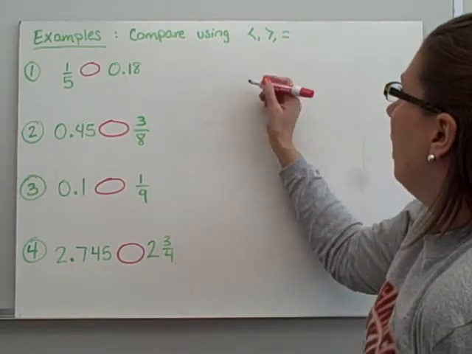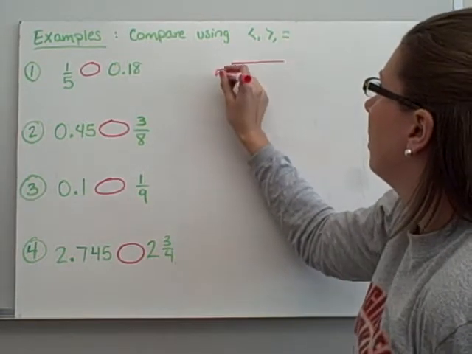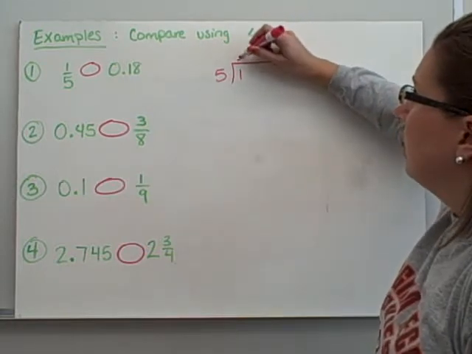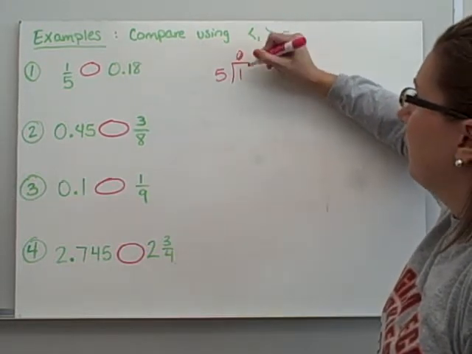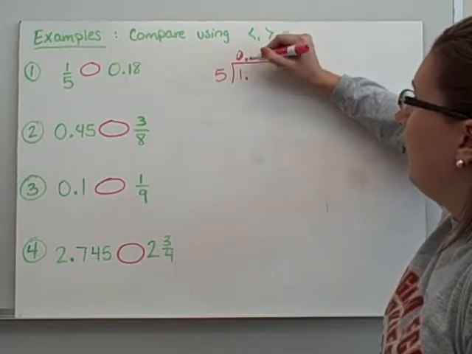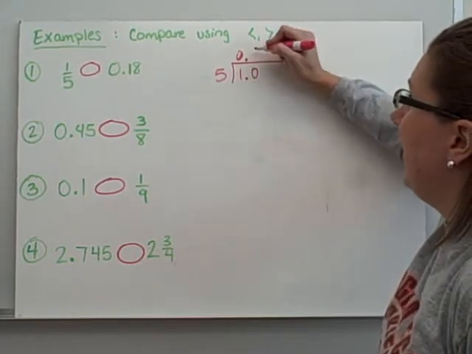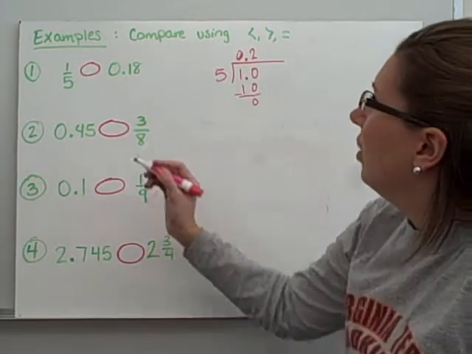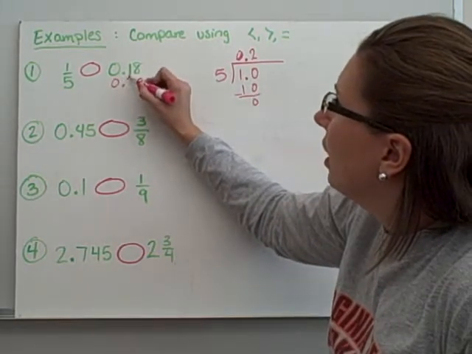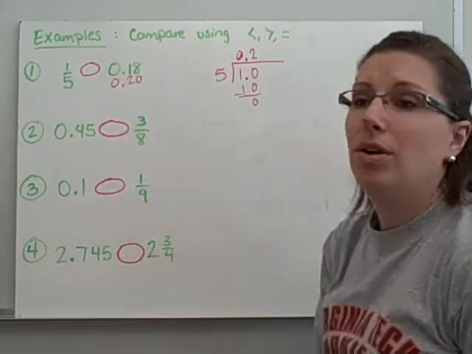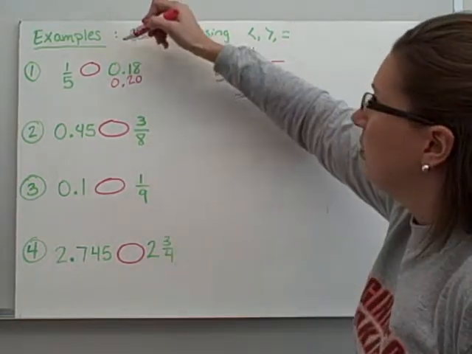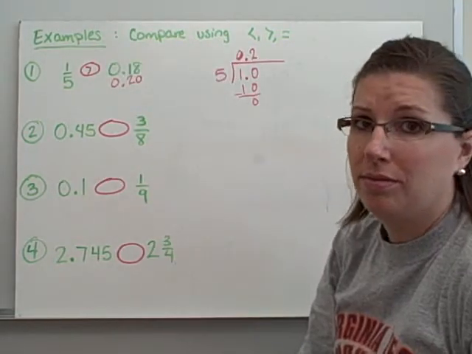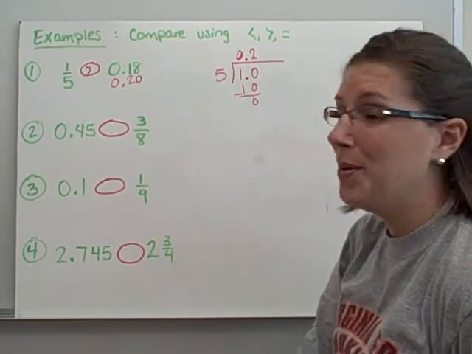So I'm going to take the fraction 1/5 and use division. 5 cannot go into 1 0 times, and then I'm going to add a decimal here, bring it up, add a 0. 5 goes into 10 exactly 2 times, because 2 times 5 is 10. So which is bigger? I'm going to add a 0 as a placeholder. Which is bigger? My 1/5 is bigger. So I'm adding a greater than symbol.